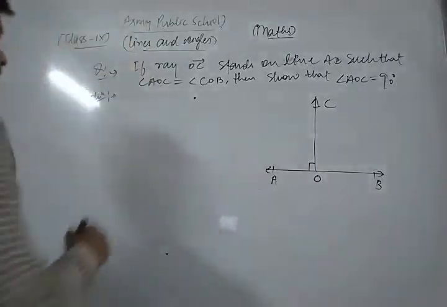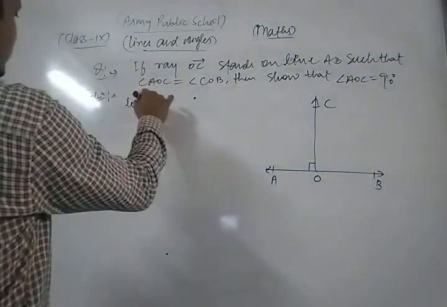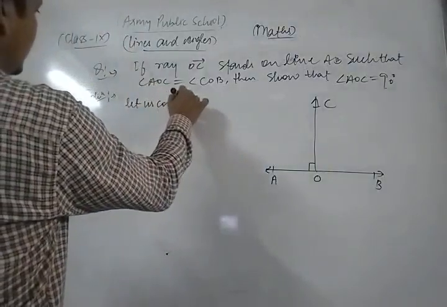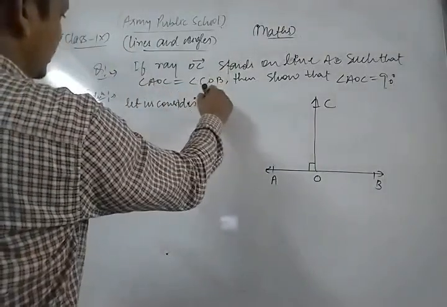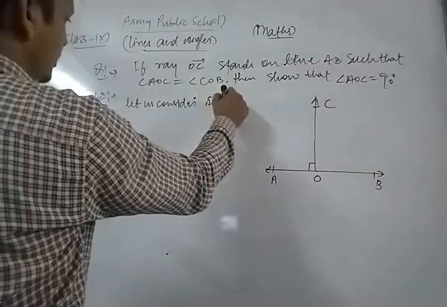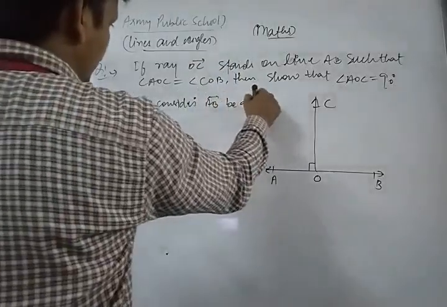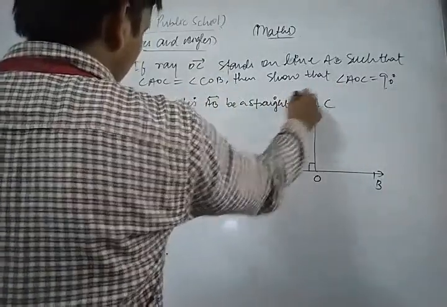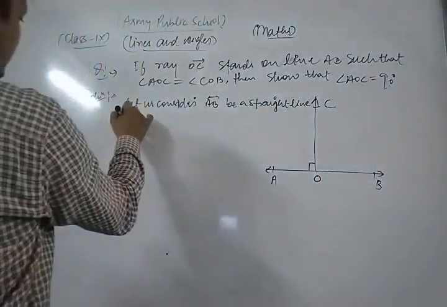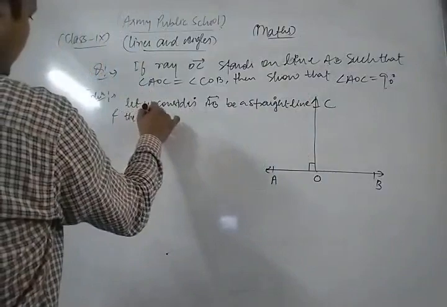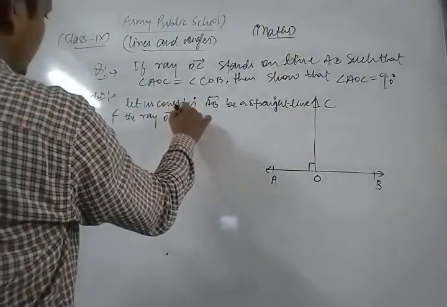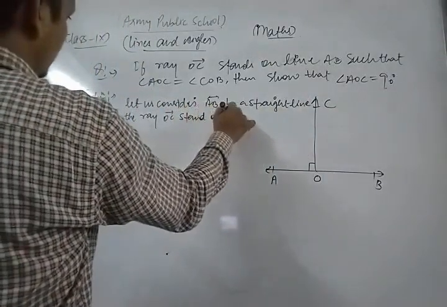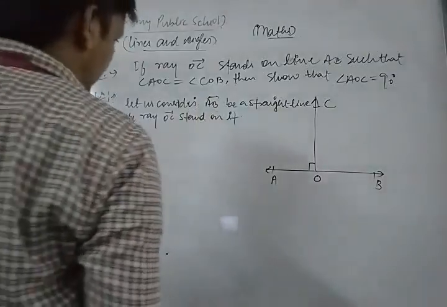Now look, let us consider AB to be a straight line and the ray OC stands on it.